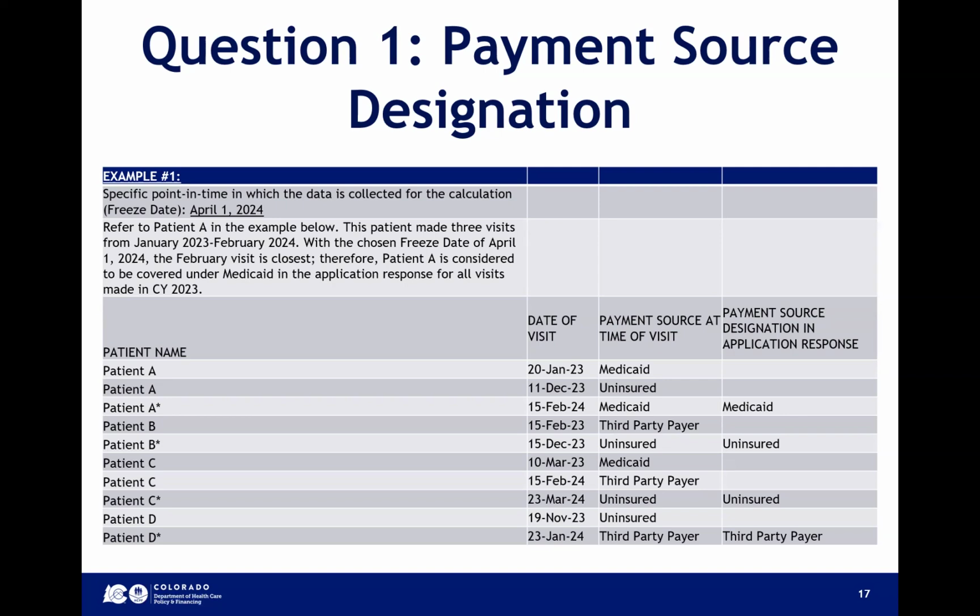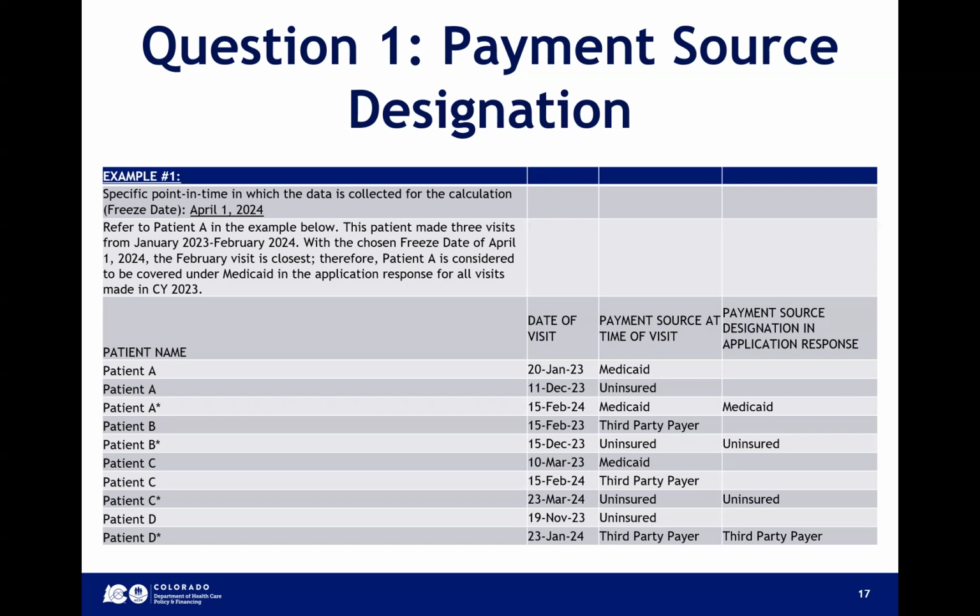For this example, the agency has chosen April 1st, 2024 as their freeze date. When taking a look at patient A, they were seen 3 times from January 1st, 2023 up until that April 1st, 2024 freeze date. They were first seen on January 20th, 2023, in which they had Medicaid as their payment source.